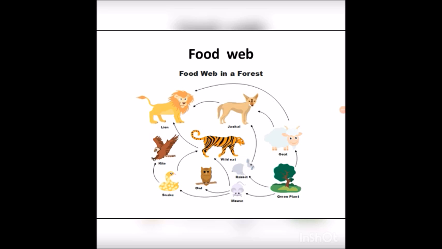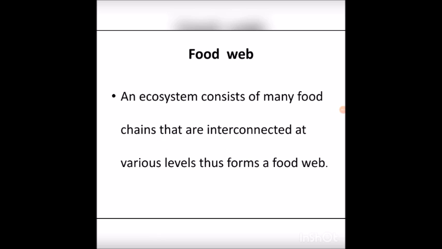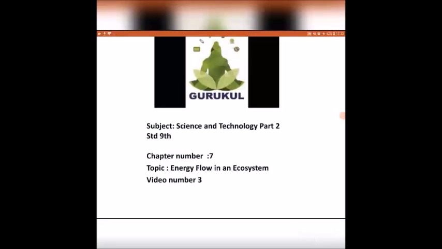Food web means when one organism is eaten by or consumed by many organisms, such an arrangement is known as a food web. An ecosystem consists of many food chains that are interconnected at various levels and thus forms a food web.